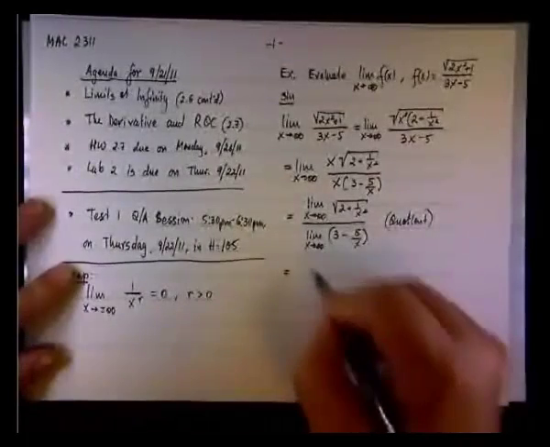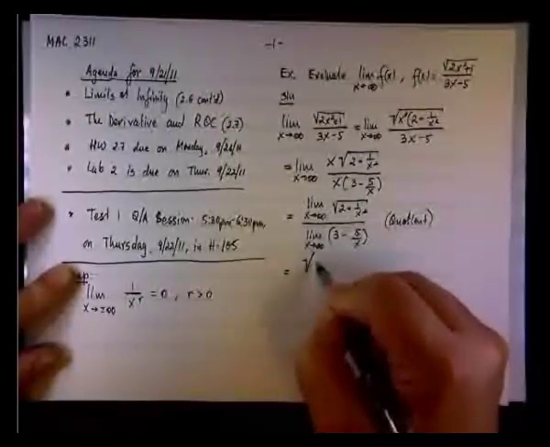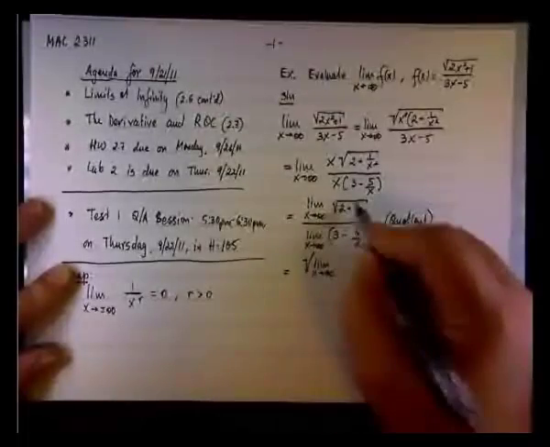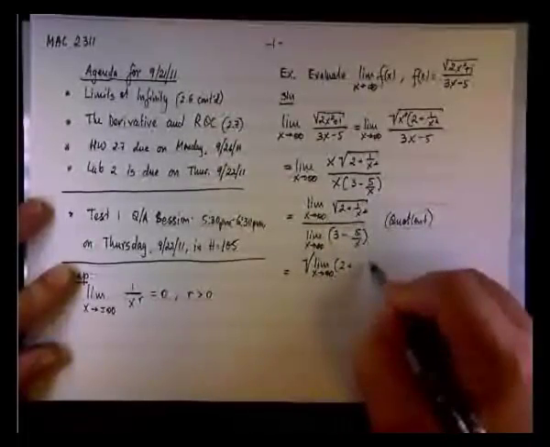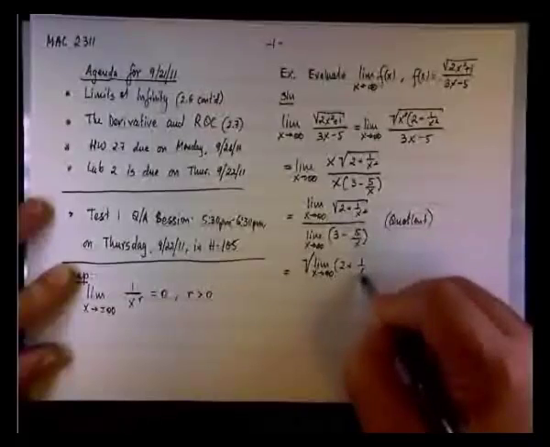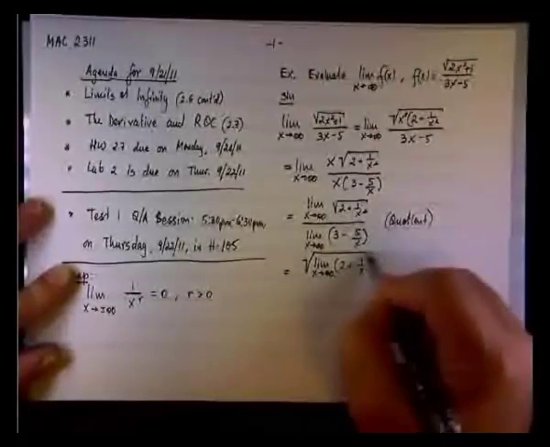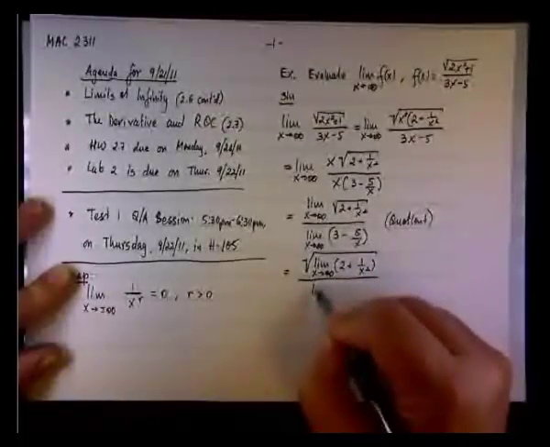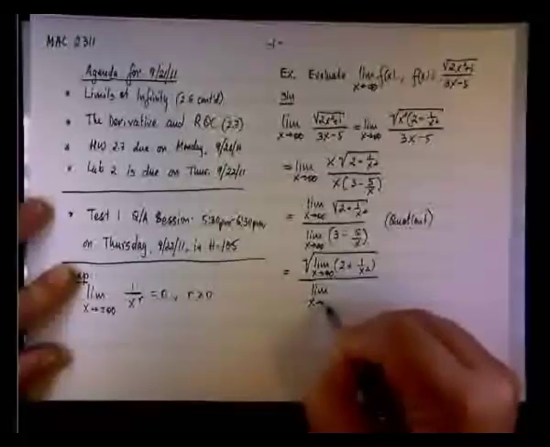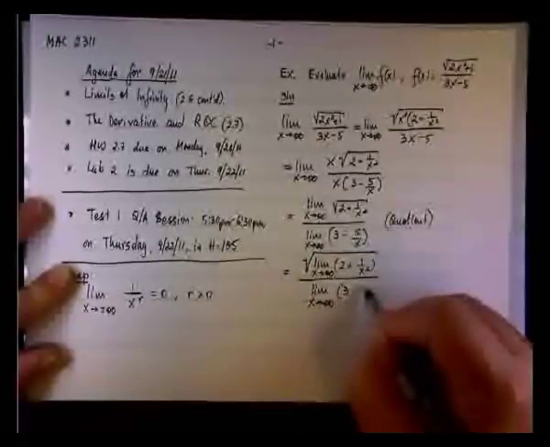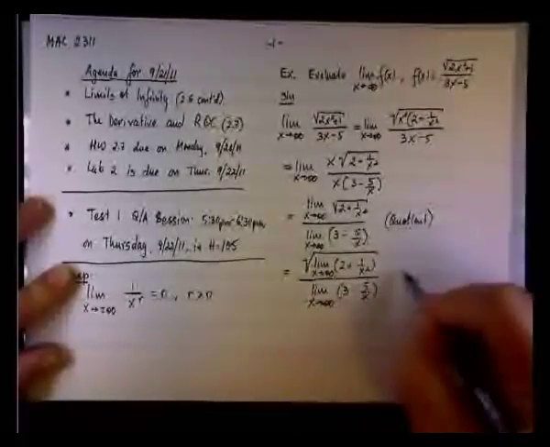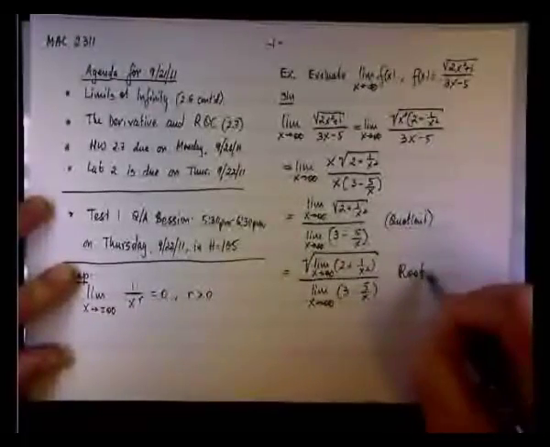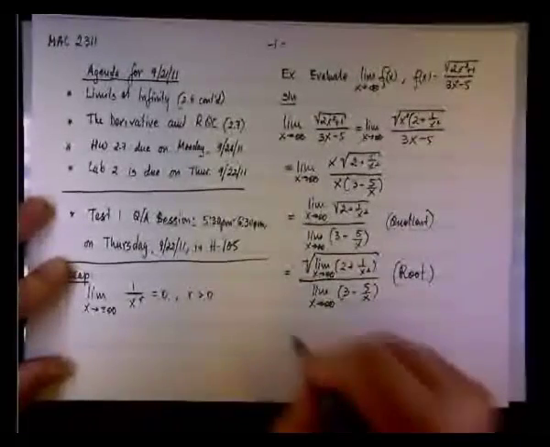So in the numerator, we can take out the root and say this is the same as the root of the limit as x goes to infinity, and now we have to worry about only the limit of 2 plus 1 over x squared, over the limit when x goes to infinity of 3 minus 5 over x. So the step here, we used the root law as applied to the numerator.